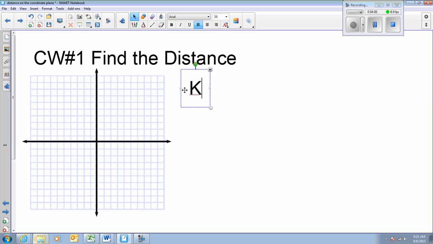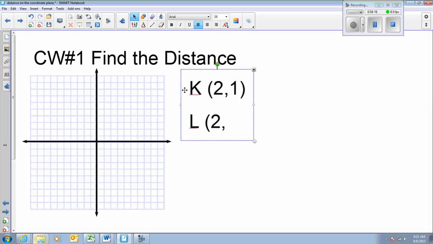This time we'll call one point K. And K would be 2 to the side and 1 up. And let's say we have another point, and it will have the name L, and L is still 2 to the side, but this time it would be 9 up.